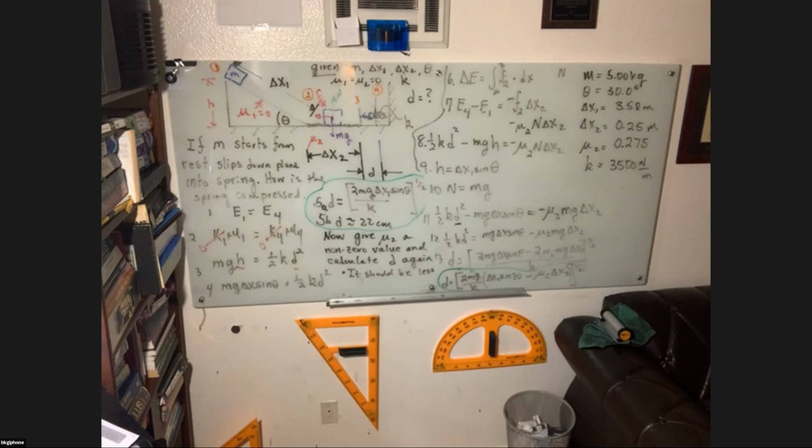But then minus that other thing, mu2, just 0.275, and delta x2 is 0.25 meters. And it doesn't subtract a whole lot, does it? Should have made it longer, or maybe the coefficient larger.